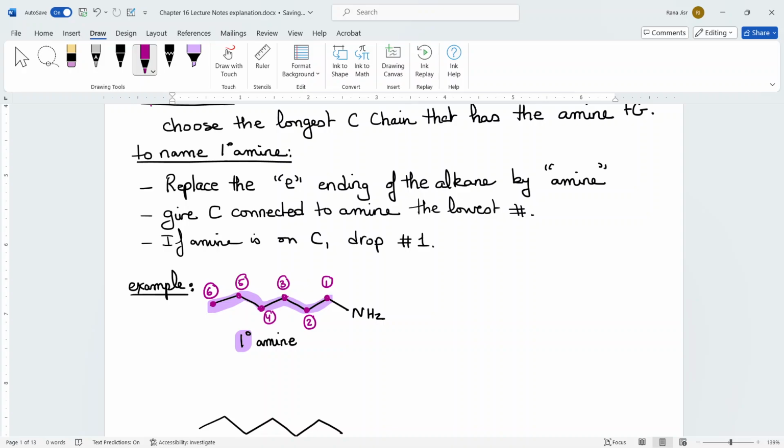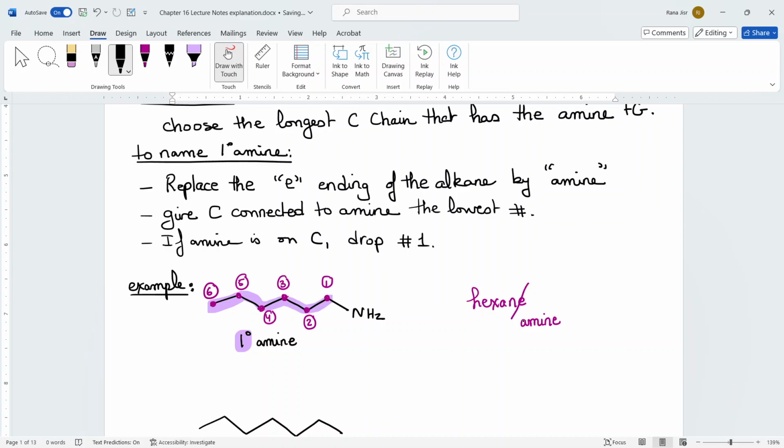Now, in order to name the structure, all you need to do is just name that alkane chain. I know that this one is going to be a hexane. So you are going to drop the E, okay? And then you're going to add amine. You cannot keep the E because the amine starts with simply an A over here.